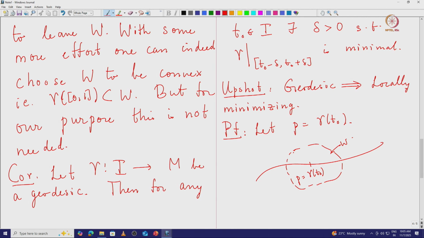Unique is important. So choose delta small enough such that this entire segment, let us say this is gamma of T naught minus delta, this is gamma of T naught plus delta, is contained inside W.